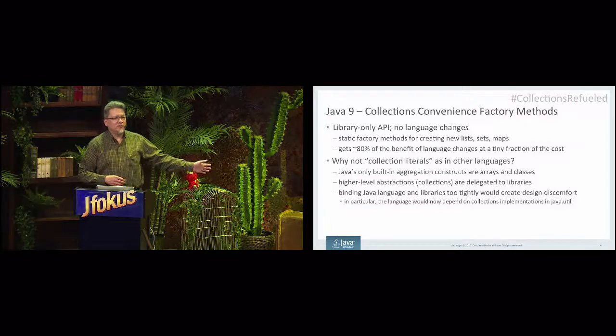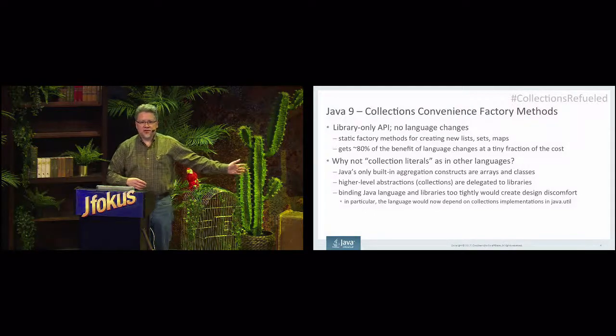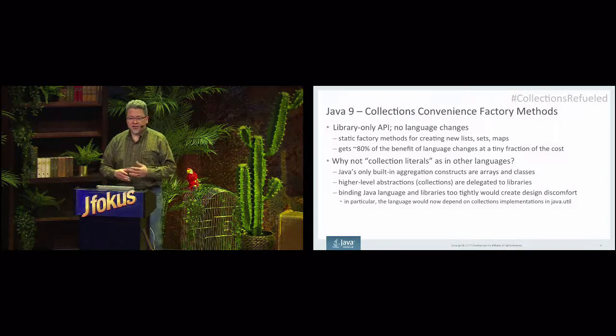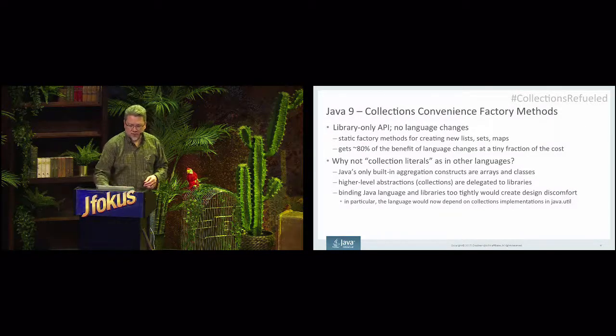Well, that would add even more complexity and add more time to the delivery of this feature. So ultimately, it was felt that that was just too much work for too little gain. And so what we did in Java 9 was, OK, just add some library APIs. It's pretty easy to do. We know how to add static methods to interfaces. Let's do it. And so that's what we did.